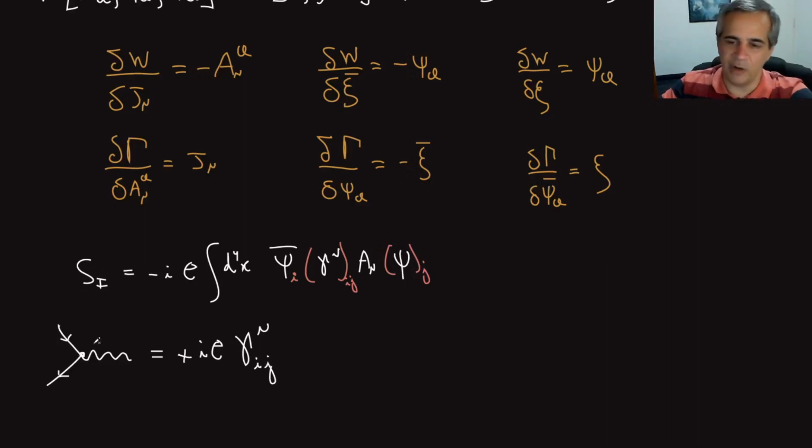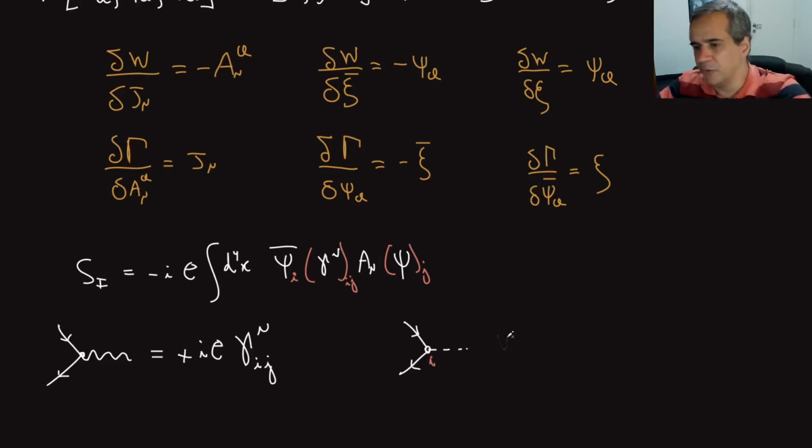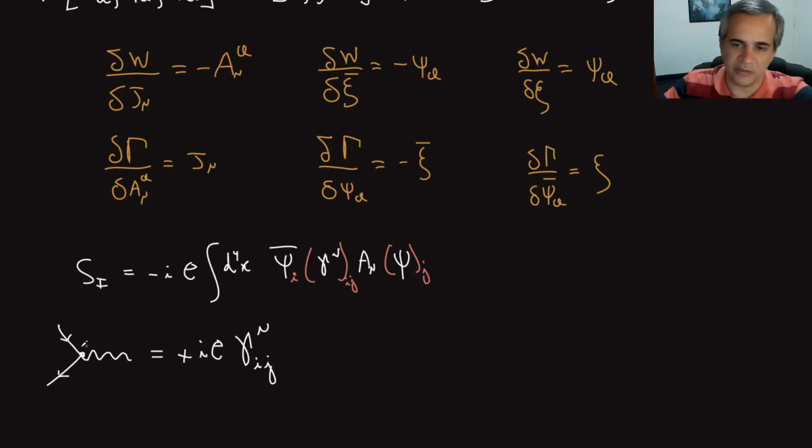That means that before, in the Yukawa interaction, you had just one index in spinor space associated with the vertex, which means that the field going in and the field going out all had the same index. This is psi bar i, psi i, and that would become u i v i, with the same index contracted here. In this case, that's not true. I have two indexes associated here.